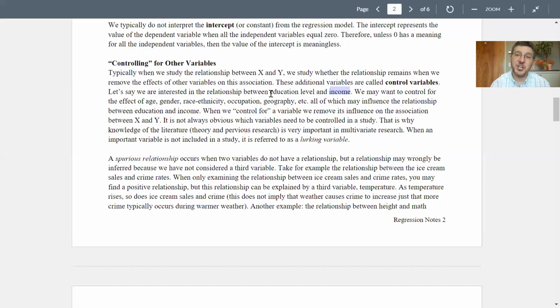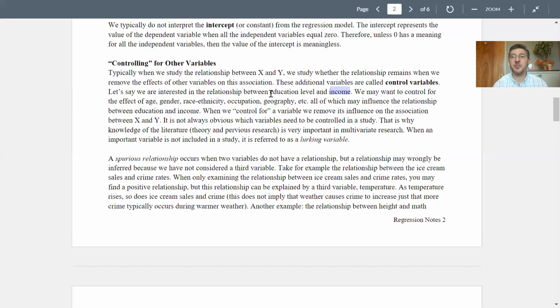You'll see a lot of different terminology used, especially for talking about the independent variables. You'll hear them called independent variables, predictor variables, regressor variables, control variables, covariates. They're all really talking about independent variables. Some people make distinctions between them.